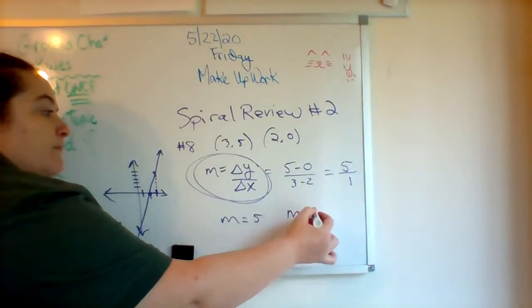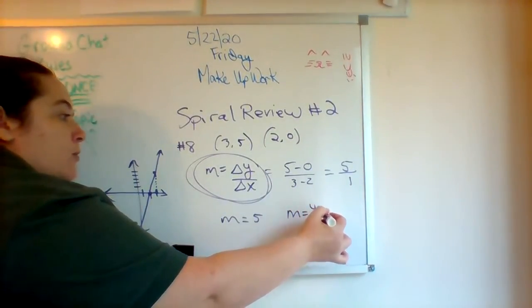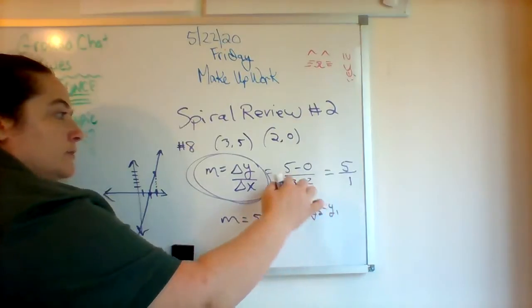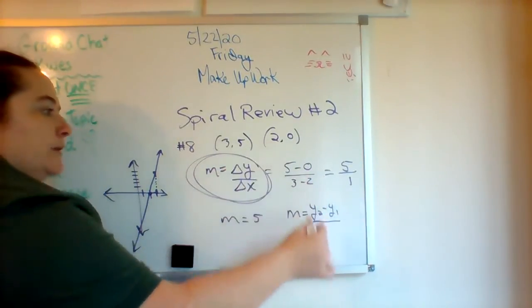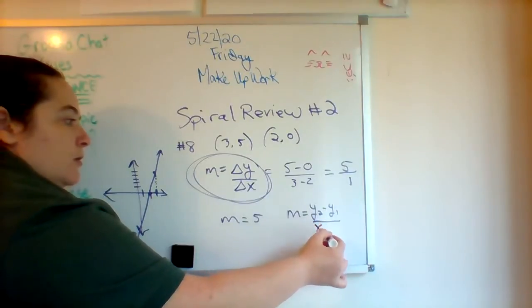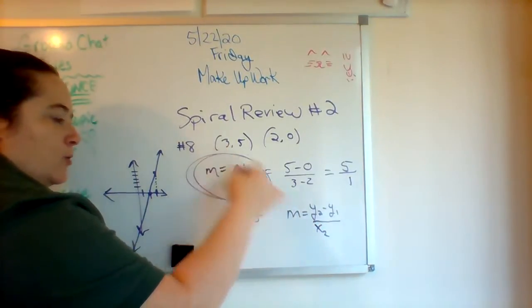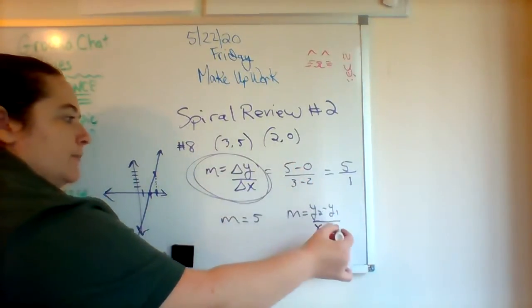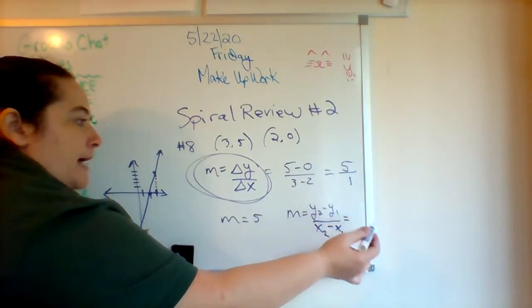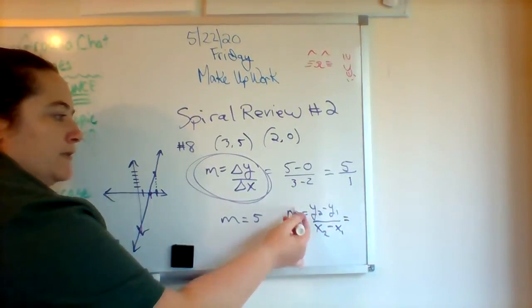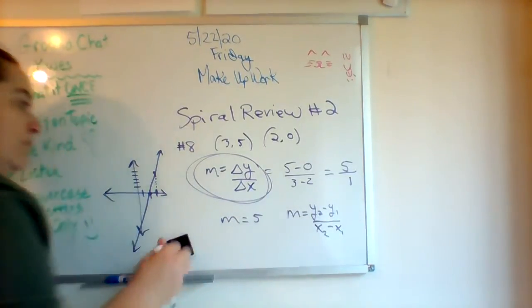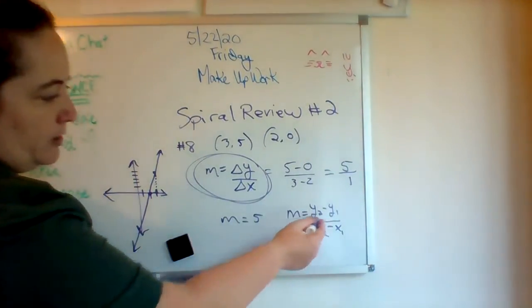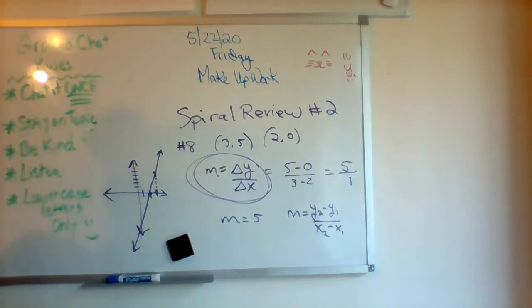If I have one y coordinate and I take away the other, one minus the other, I would do the same thing with the x's. One of the x coordinates, take away the other, and then that gives me my slope, right? It gives me whatever I'm looking for. So this is really what you're going to be using a lot. Okay, cool. Let's move on to the next one.